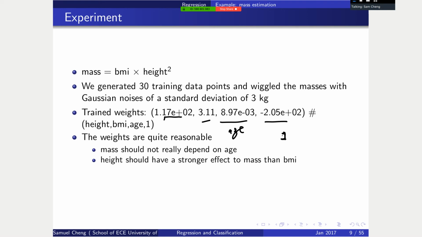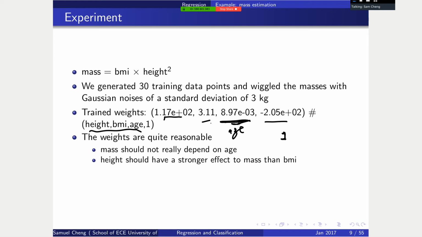Actually, I have written it here. So the model did something reasonable. For the age, we know it's kind of useless. Therefore, the weight corresponding to the age is very small compared to the others.